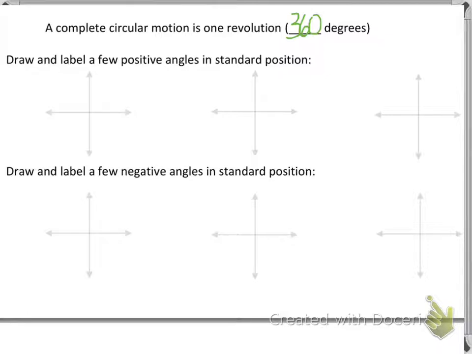So first off, for me to be in standard position, I need to have one ray on the x-axis on the positive side. So since I'm going positive, I can draw my ray anywhere else, but my angle needs to be going counterclockwise.